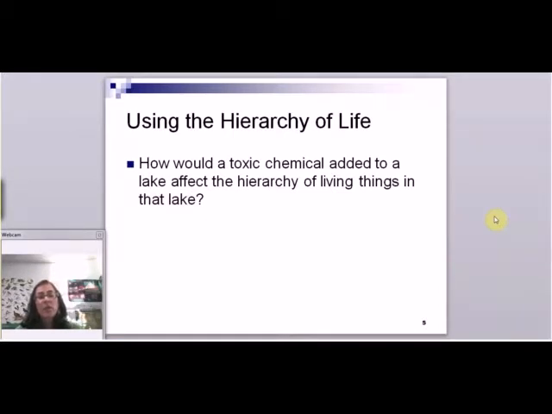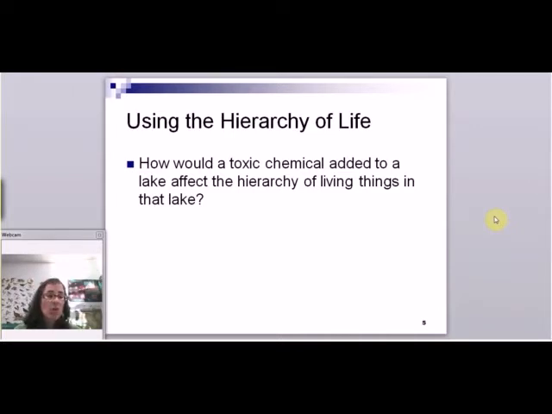But if you continue with the hierarchy of life, the population of American eagles started to get smaller, and you start to think about the other organisms that were interacting with the eagle. The eagles weren't eating the rodents that they should be eating. They weren't interacting in that community. The ecosystem was damaged.